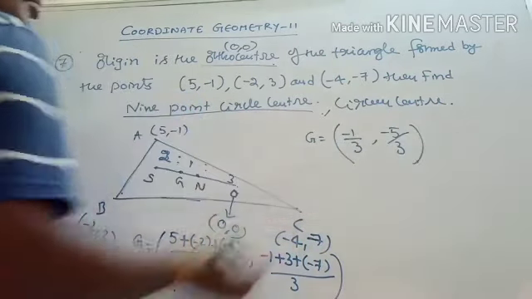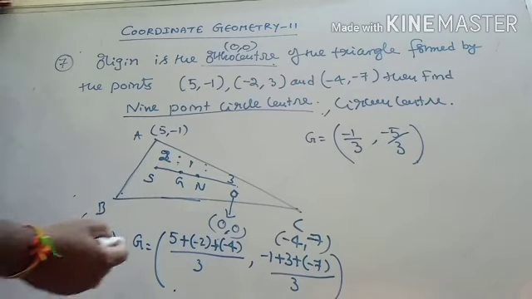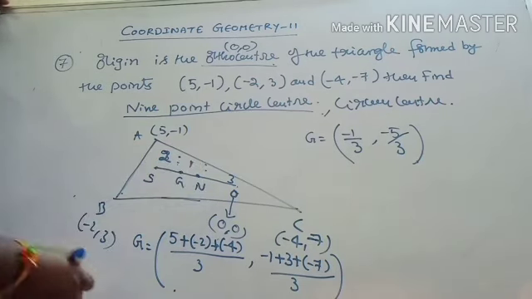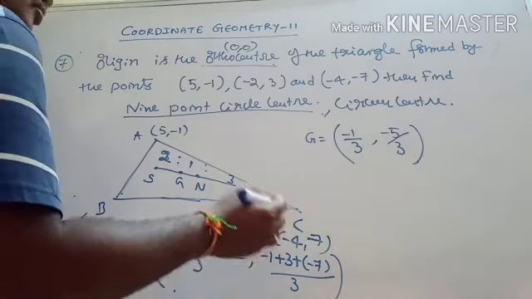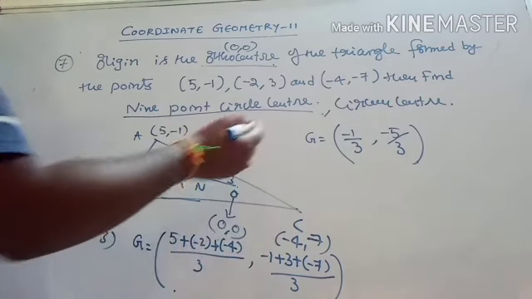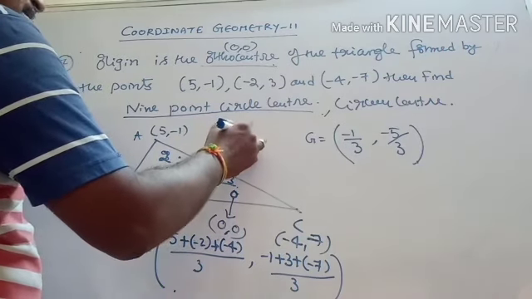That is the centroid. Once we have got the centroid, I told you that we can find the 9-point circle center by using the ratio. The ratio is now 1:3, right? You know now, my dear students, G is this and O is the origin, you know that.